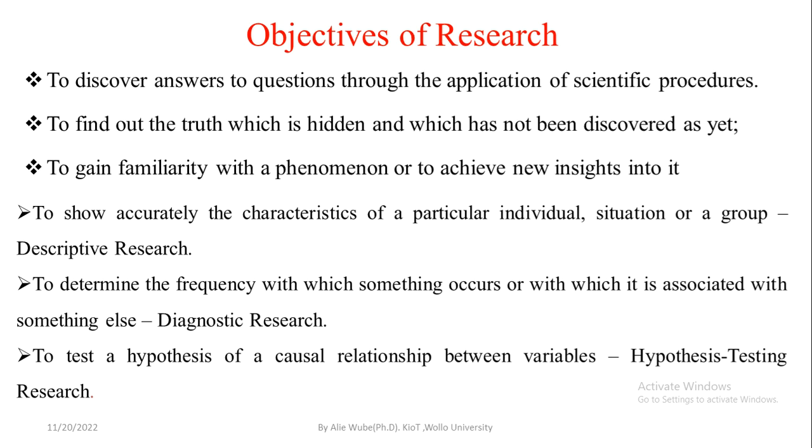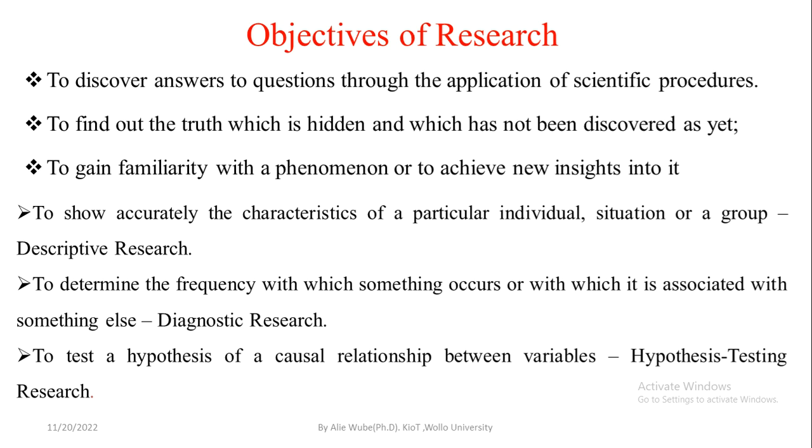Why do we conduct research? Research has its own objectives. The main objective is to discover answers to a question through the application of scientific procedures, principles, and methods. It is to find out the truth which is hidden, which has not been discovered as yet.